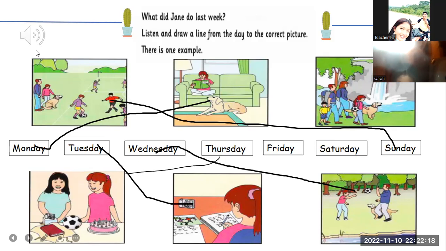On Thursday? Yes, she had a great cake. Can you see the line from the word Thursday? On Thursday, Jane went to her friend's birthday party. Now you listen and draw lines.